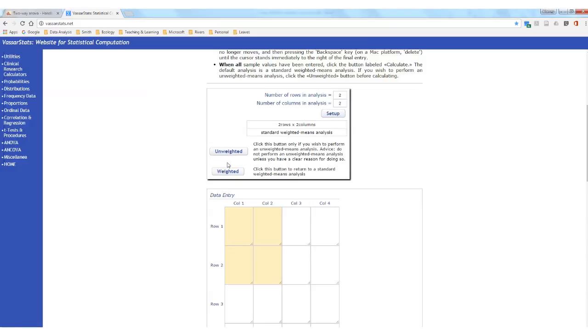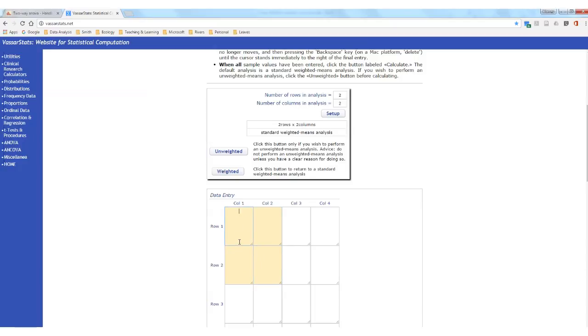Now, the difference between a weighted and unweighted ANOVA goes a little beyond what I expect you to really understand for this class, but just note that what you're going to put in each of these cells is the data for a combination of those two factors. So each of these cells will have a set of data in it.